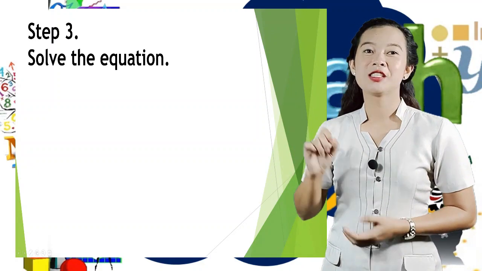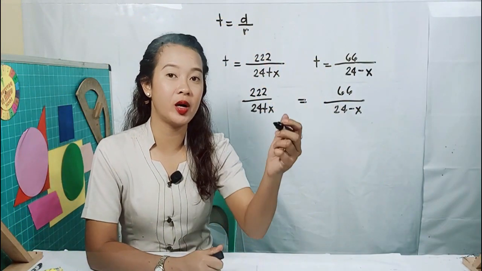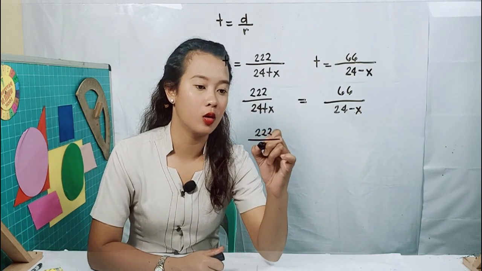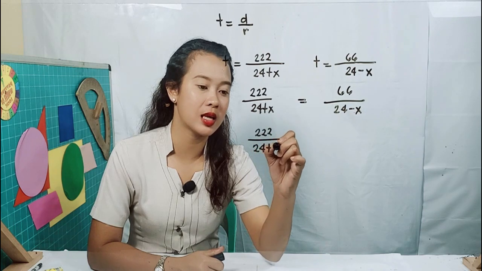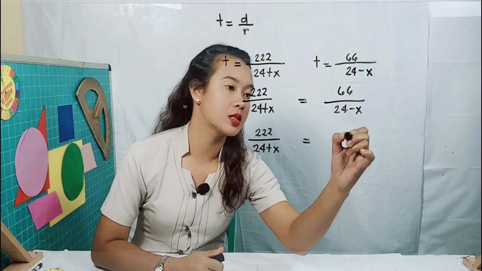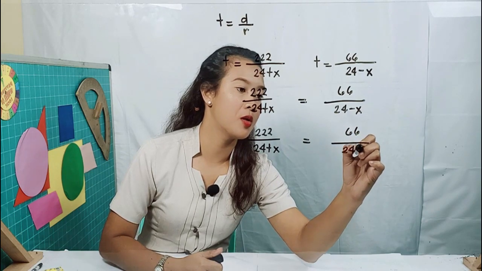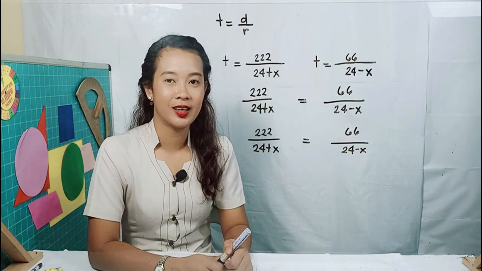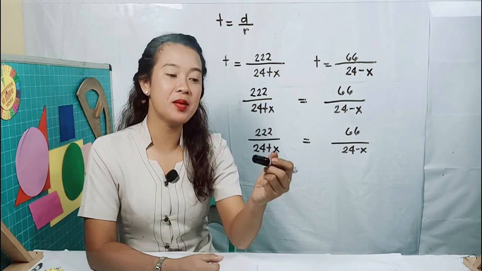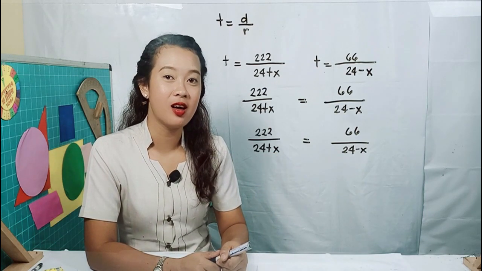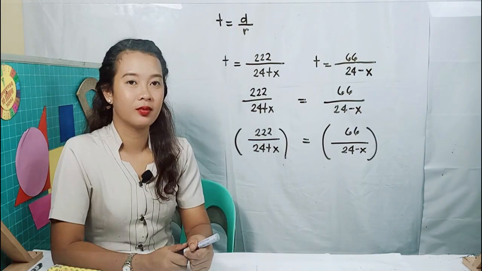Step 3. Solve the equation. Let's rewrite first our equation. 222 all over 24 plus x equals 66 all over 24 minus x. Let's eliminate the denominators by applying the multiplication property of equality.